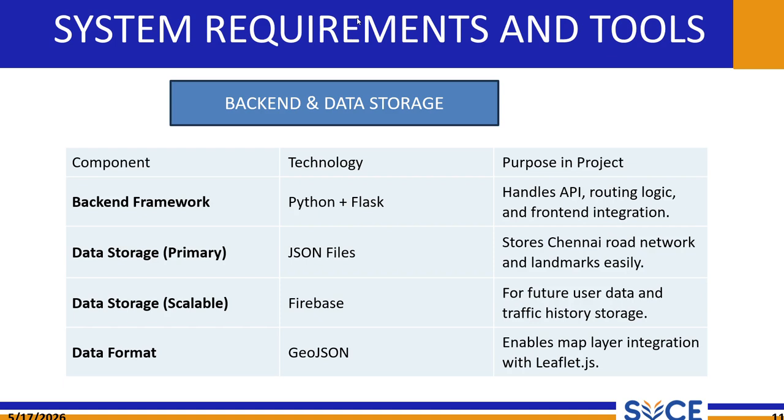JSON files and Firebase for storing the Chennai road network and landmarks easily, for future user data and traffic-based storage, and we use GeoJSON as the data format, enabling map layer integration with Leaflet.js.